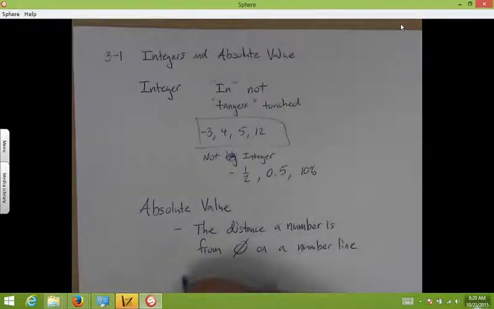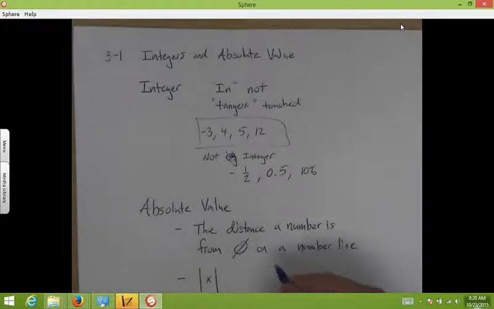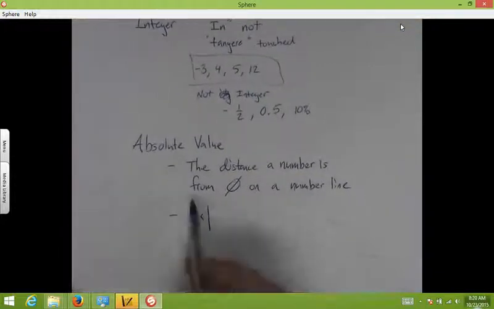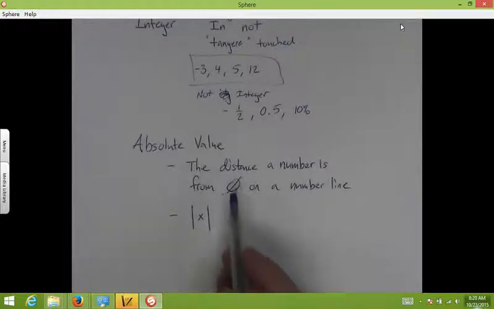Absolute value uses two up and down lines. There's a number inside. Now, absolute value is how far this number is from 0 on a number line. If you don't feel like memorizing this definition, just know that whatever's inside these two lines is going to be positive. Why? Because distance is always positive.